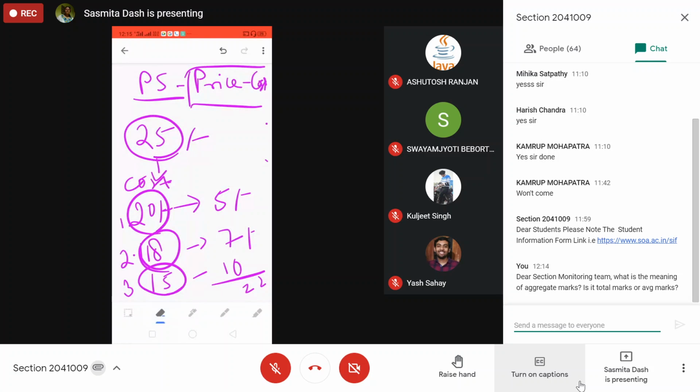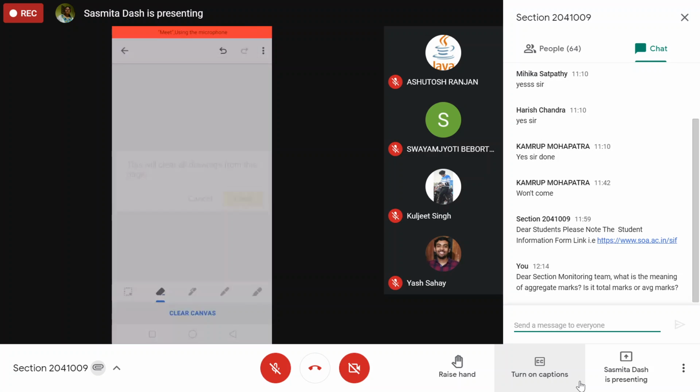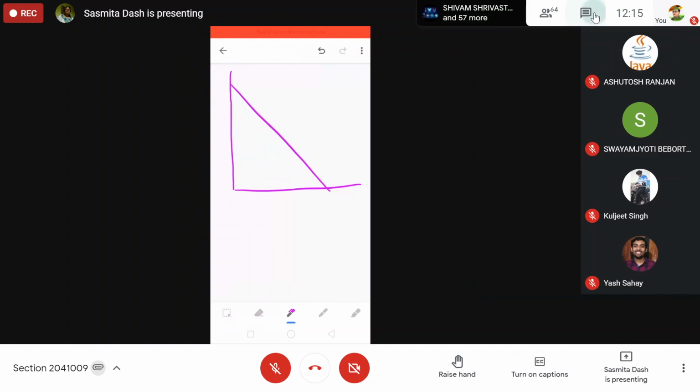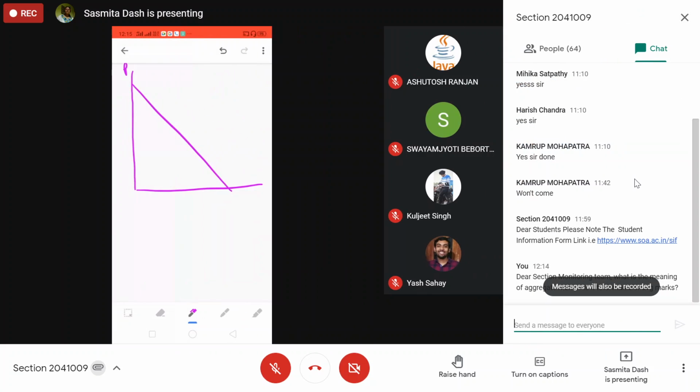Let us discuss how we calculate that. Let me first explain it with the help of a diagram, then we will have the calculation part. Suppose this is the demand curve for ice cream, with price on one axis and quantity on the other.